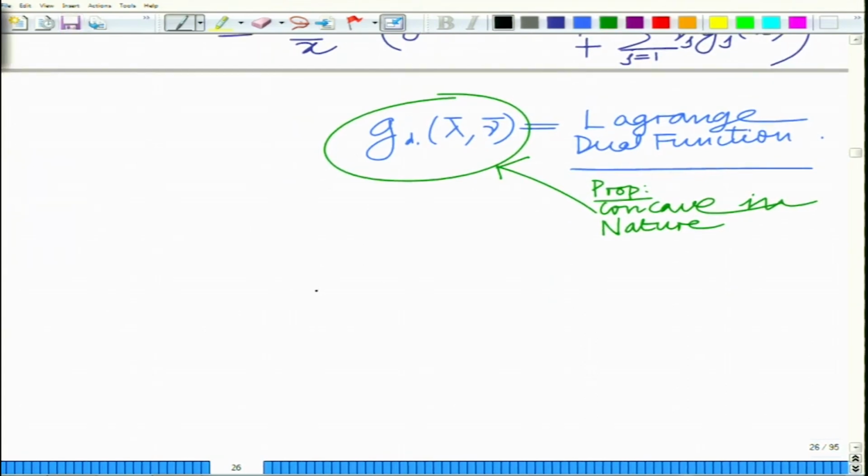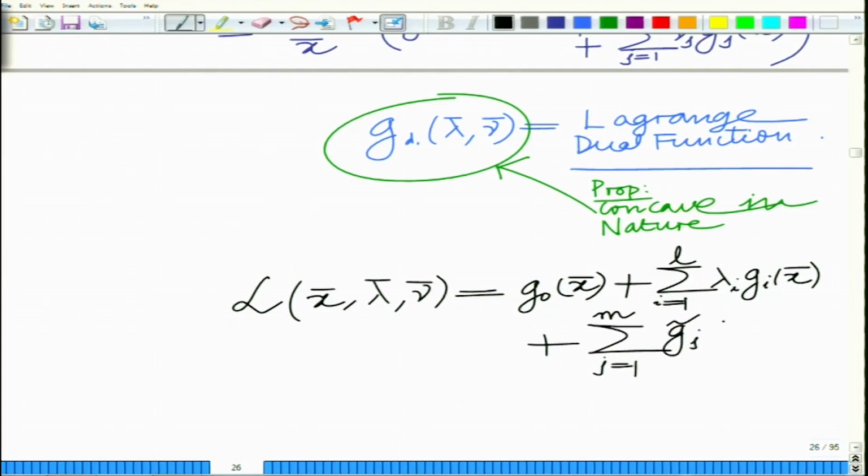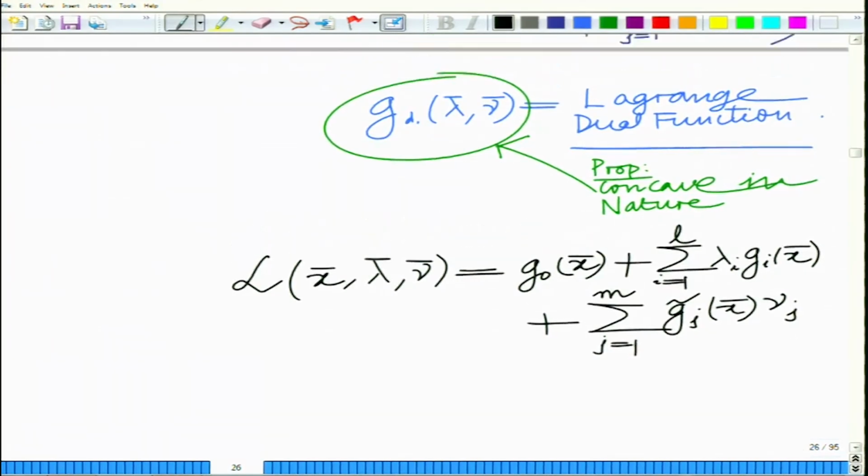If you look at the Lagrangian function, let us go back and take a look: L of x bar, lambda bar, nu bar is equal to g naught x bar plus the summation i equal to 1 to L of lambda i g i x bar plus the summation j equal to 1 to m of nu j g j tilde x bar.